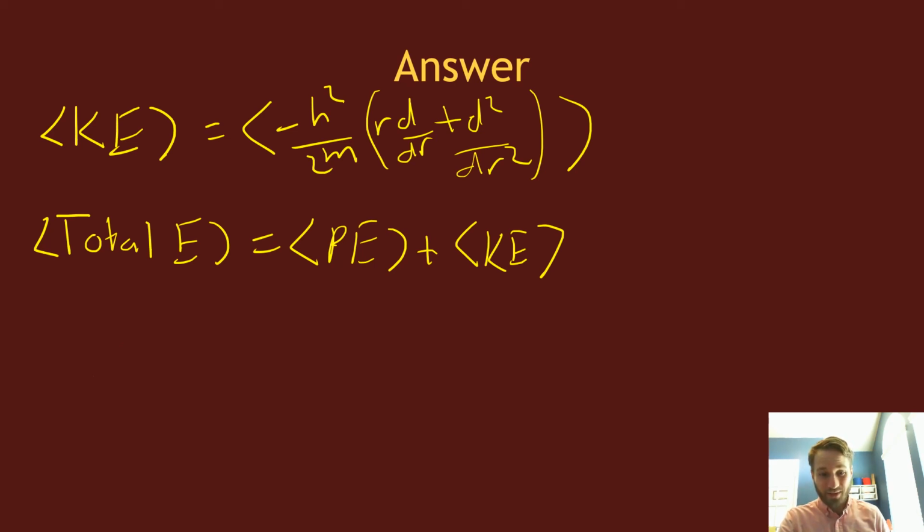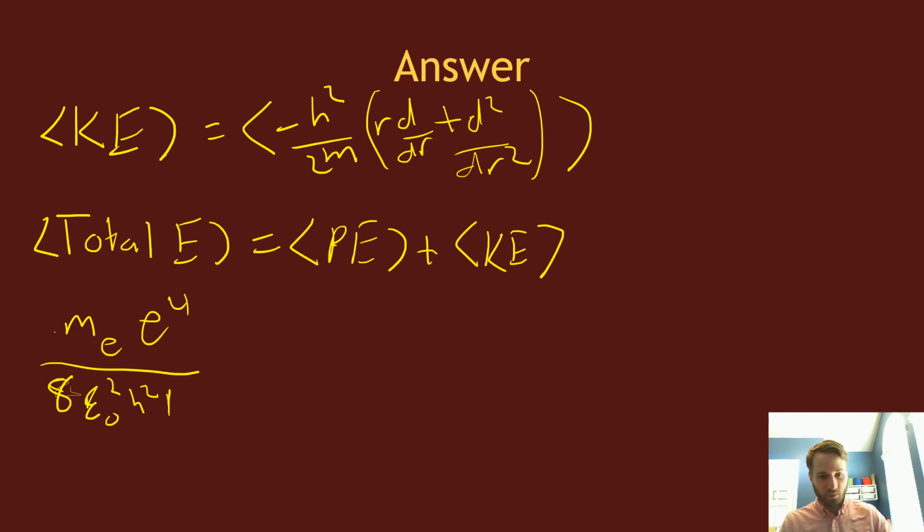We don't know this off the top of our heads. So looking that up, the total energy for the hydrogen atom is the mass of the electron times the electric charge to the 4th power, all over 8 epsilon naught squared times h squared times n squared, which is just equal to 1. So let's just delete that 1 there. And so that is the total energy.